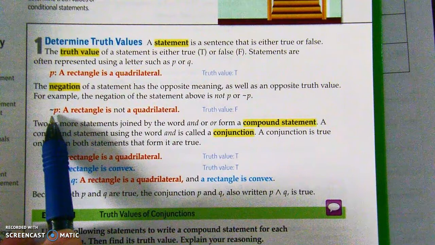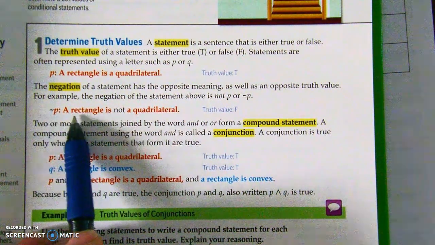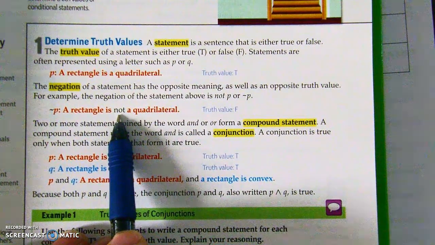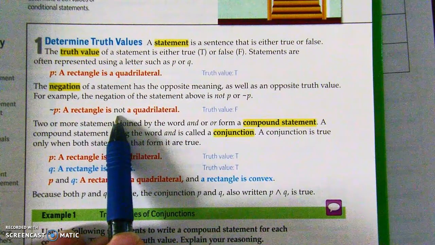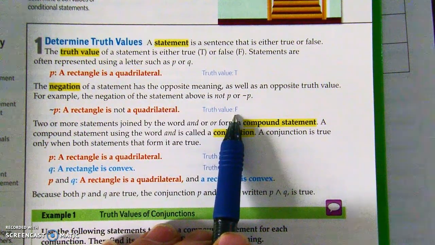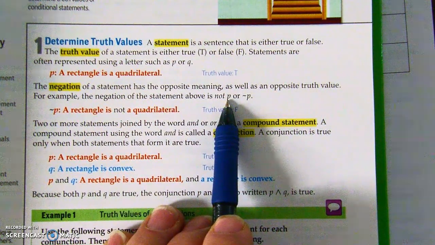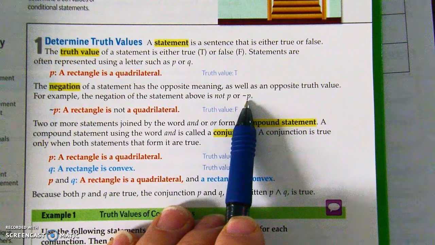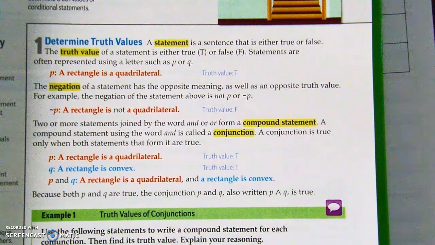If we want to do the negation of it, we do our little squiggly and then the letter P. Then all we have to do is add the word not in there. A rectangle is not a quadrilateral. Therefore, the truth value is now going to be false. Notice again that the symbol changes from P to a squiggly with a P, to make sure it's called a negation. So it cancels out. That's another word for negation.